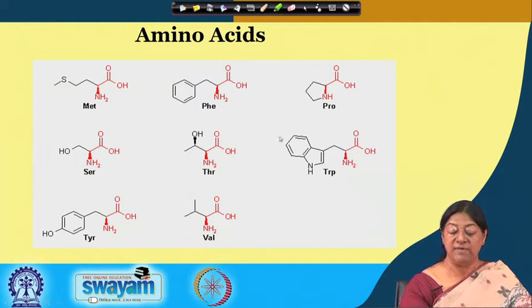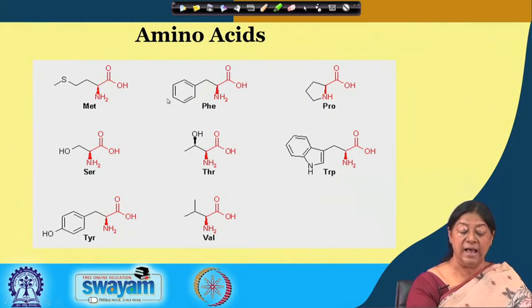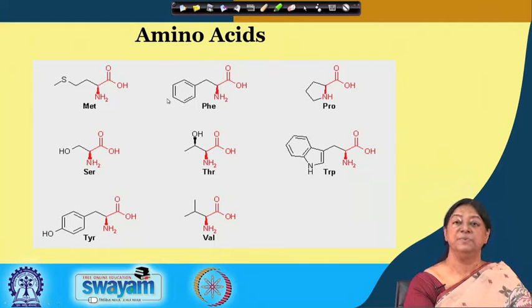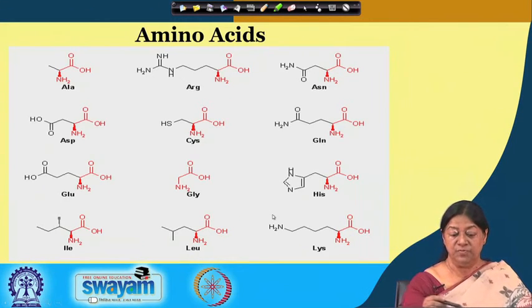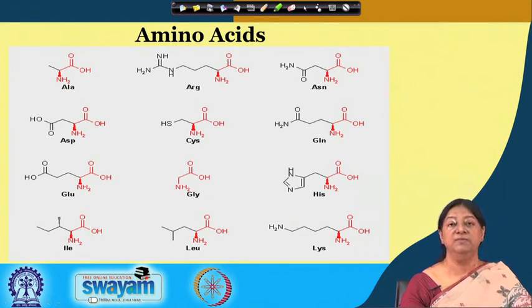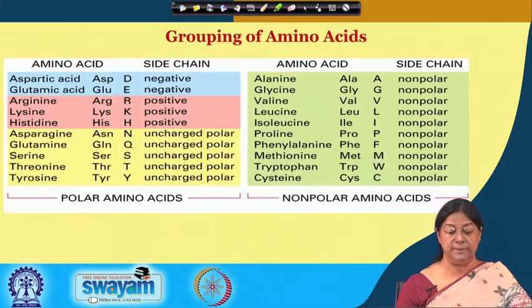The ones that have aromatic side chains are aromatic in nature. They have specific properties that are extremely useful in looking at the spectroscopic details of proteins. So, the ones with nitrogen and oxygen would be the polar ones. They would be involved in hydrogen bonding and electrostatic interactions, which we will look at later on in much more detail.